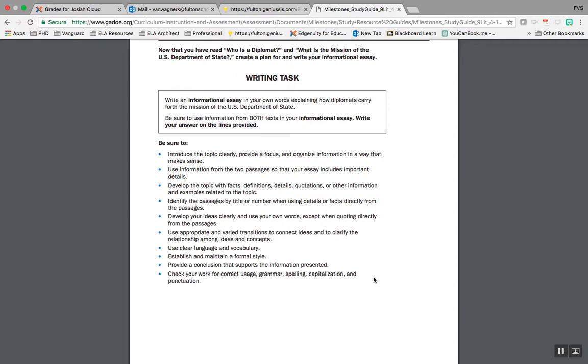An example of a dependent clause at the beginning of a sentence would be, "Though every country has diplomats, the United States defines diplomats as..." The clause "though every country has diplomats" by itself doesn't make sense. If you cut that away from the sentence, you know it needs something else. That's why it's called a dependent clause. It depends on something else. So you'd put a comma at the end of that and continue.